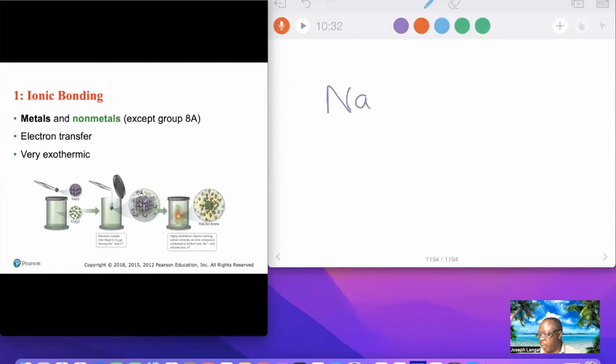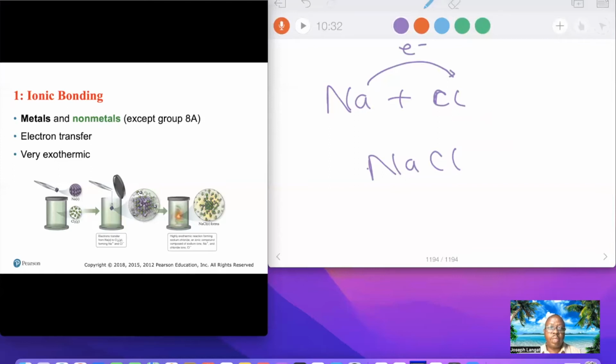You see a metal plus non-metal, in this case, the formation of sodium chloride. There is transfer of electron from sodium to chlorine to form chloride.